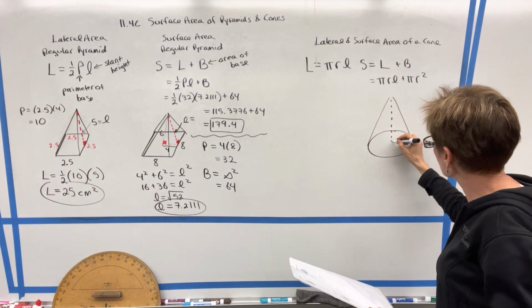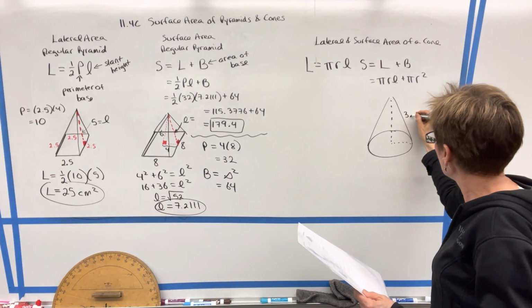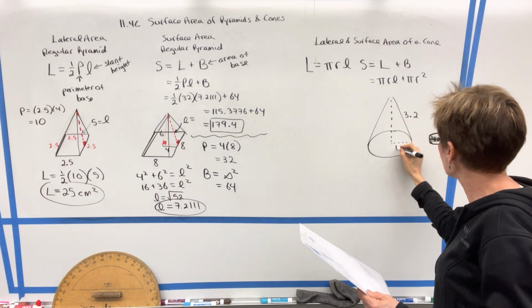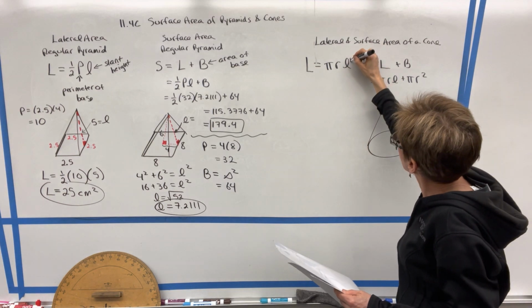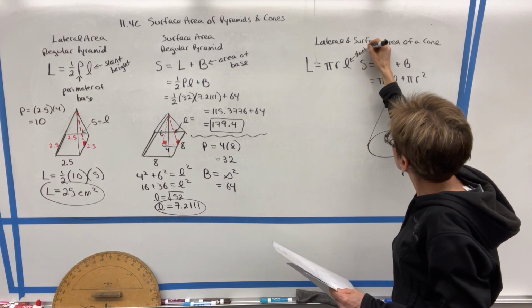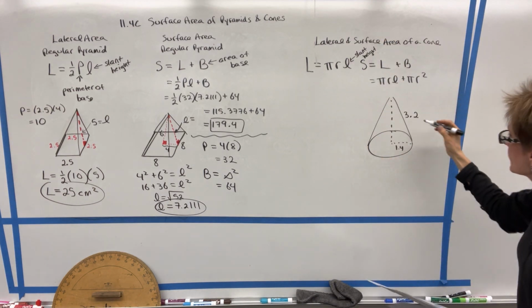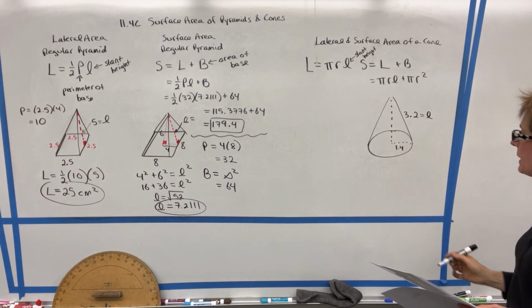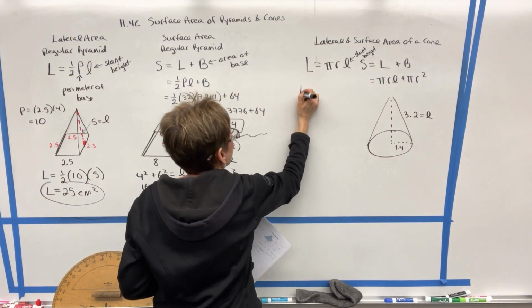In this particular problem here, we're given the slant height, 3.2, and the radius, 1.4. This L here does mean slant height, just like it did with the pyramid. In this case, we're given that right here. All right, so let's go ahead and find the lateral area.